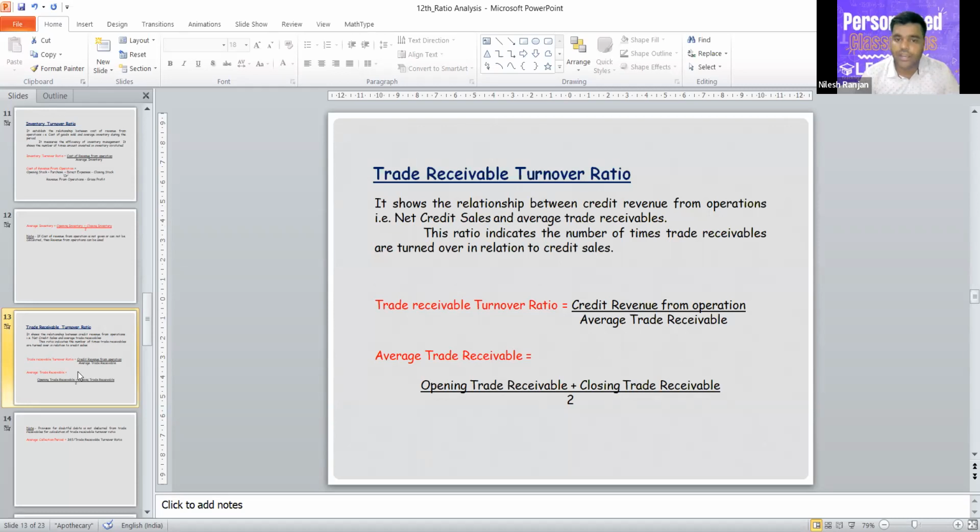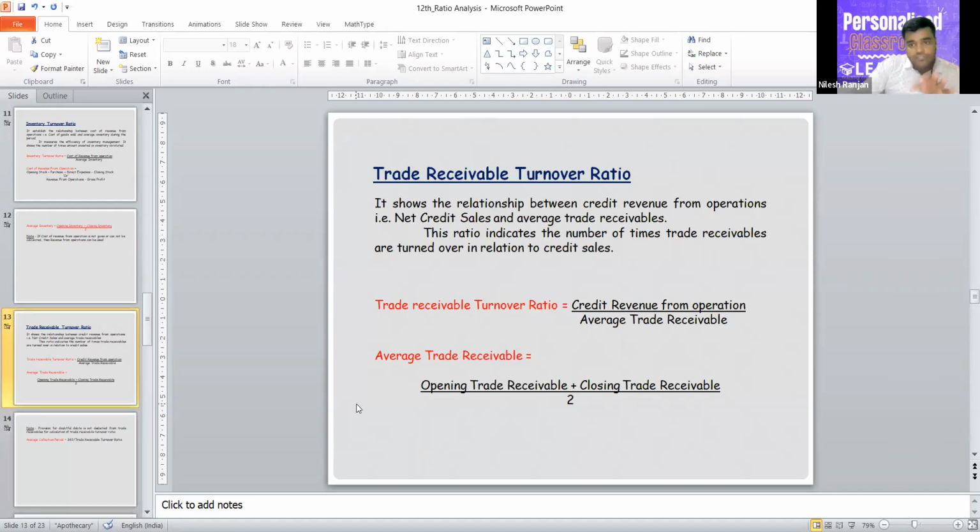The average trade receivable formula is opening trade receivable plus closing trade receivable divided by 2. To calculate opening trade receivable, you have to include opening debtors and opening bills receivable. Same with closing trade receivable, you include closing debtors and closing bills receivable. This is your average trade receivable.